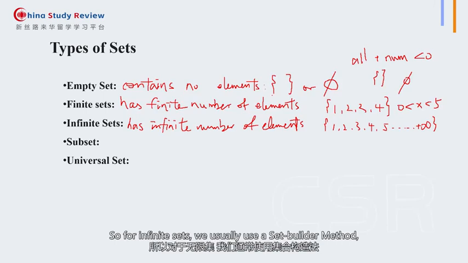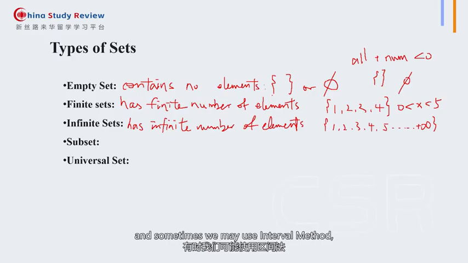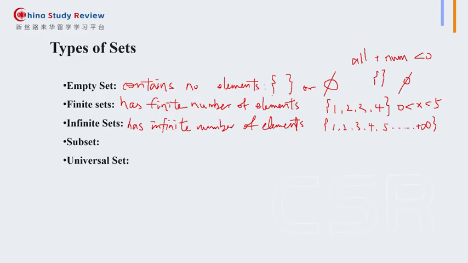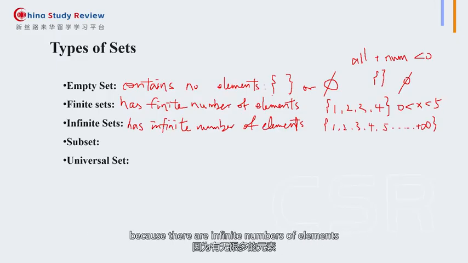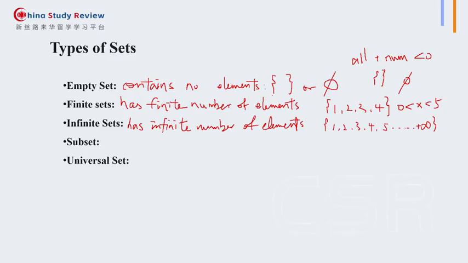So for infinite sets, we usually use the set builder method, and sometimes we may use the interval method, but we rarely use the roster method. So this is one example of a set that has an infinite number of elements because infinite numbers of elements satisfy the condition or the definition of the set.